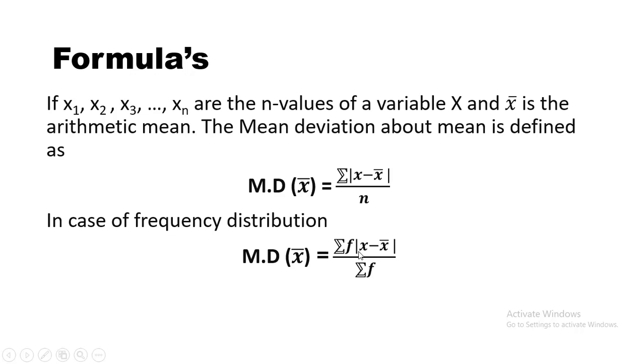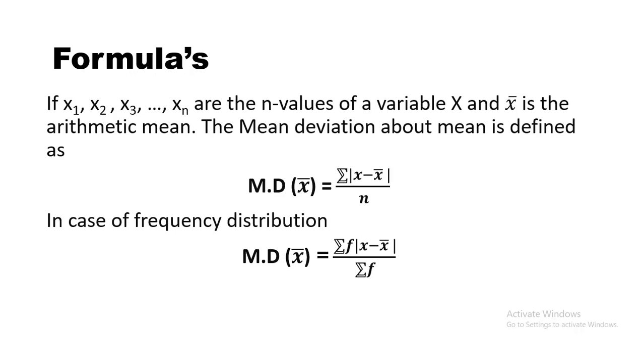For every frequency distribution case, whether a simple frequency distribution or a grouped frequency distribution, we first take the x minus x bar value, then find its absolute value, multiply those absolute values with the corresponding frequencies given, and then find the sum.